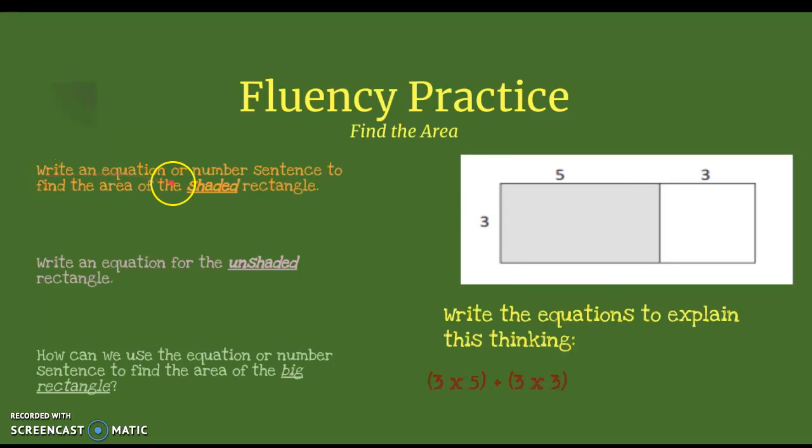So we're going to write an equation or number sentence to find the area of the shaded rectangle. So how would you do that? You're going to say, Miss Foster, well, how am I going to break this up? How am I going to find the area of the shaded and then the unshaded?